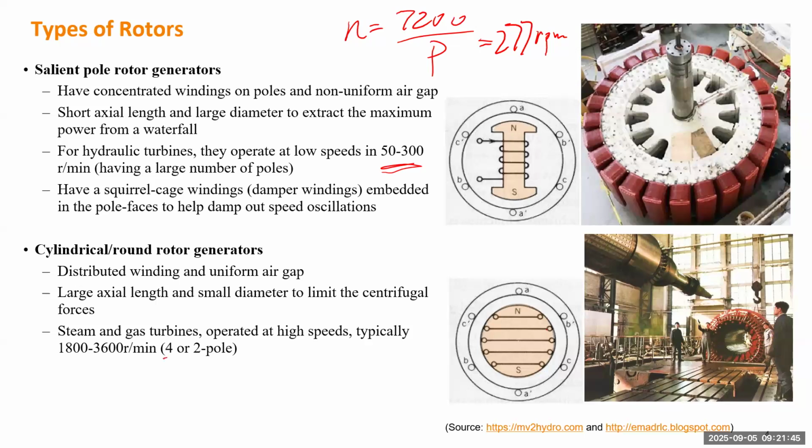For instance, if you consider 2 poles or 4 poles and use this formula, the speed will be from 1800 to 3600 revolutions per minute. Okay, so it's much higher than the salient pole rotor generator.